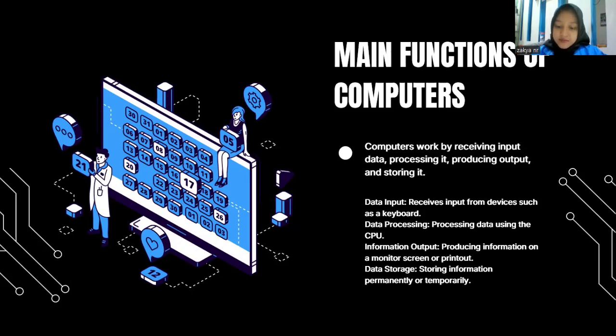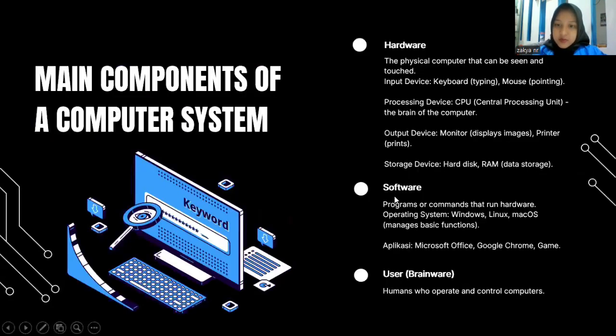Okay, next. Main components of a computer system. The first, hardware. Hardware is the physical computer that can be seen and touched. The second is software. Software is a program or command that runs hardware.